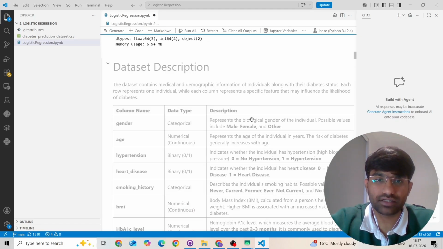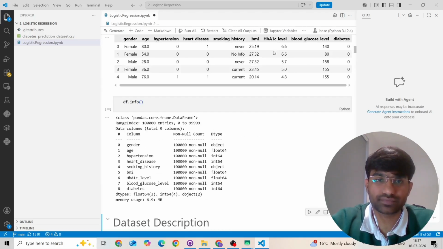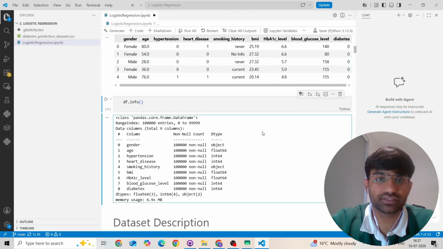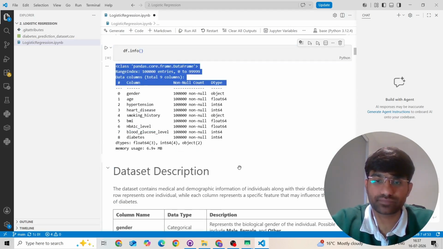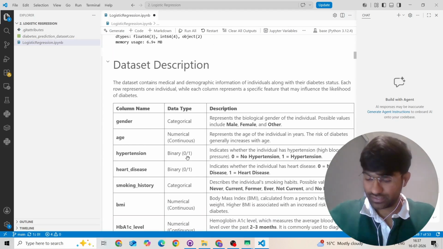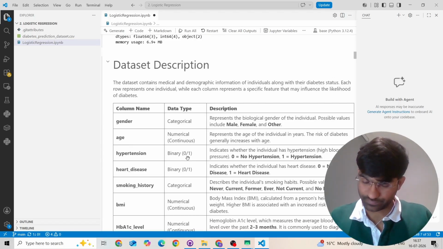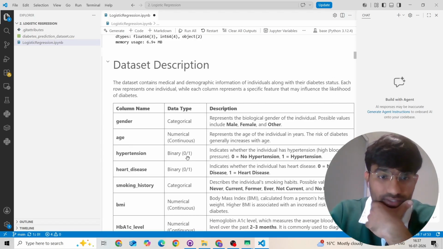Next, one more thing I have to explain here. We have two categorical columns: gender and smoking history. Gender has three values: male, female, and other.